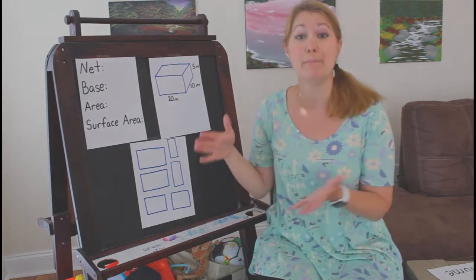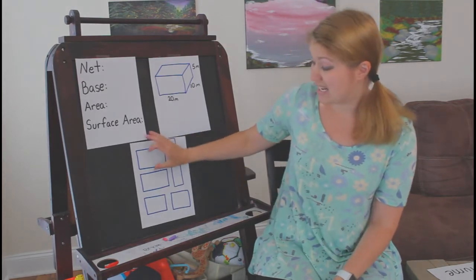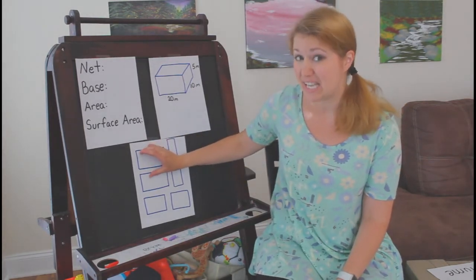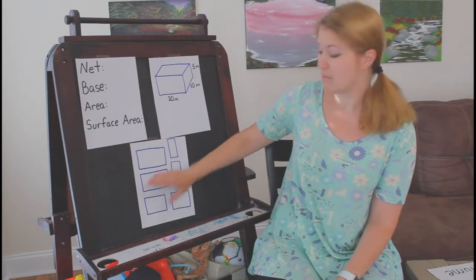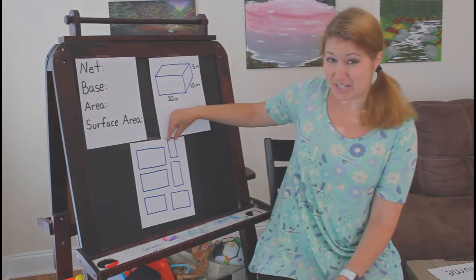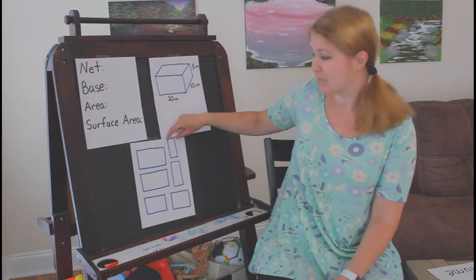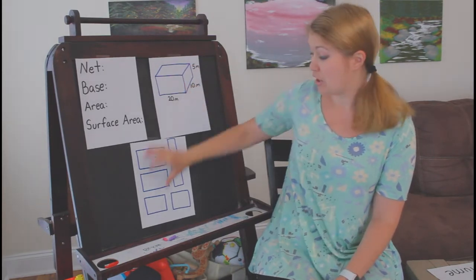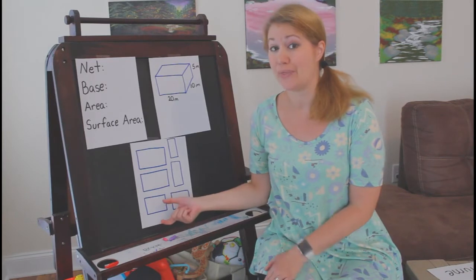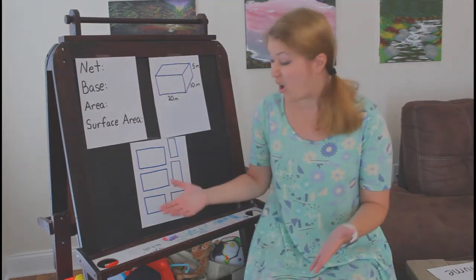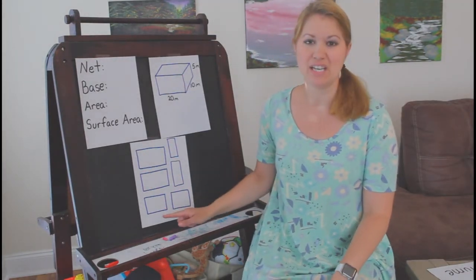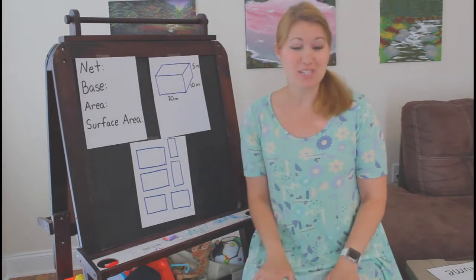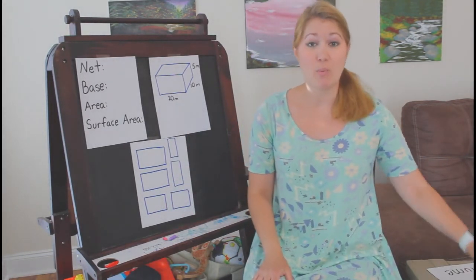It's going to be a little bit bigger. So I need it to be wider for the 20 by 10. So I've got my base and my top. Then the long sides are going to be a little bit skinnier. Then my sides that are 5 by 10 are going to be even smaller on there. I've got all these different rectangles. So now all I have to do is put them together to make one net.